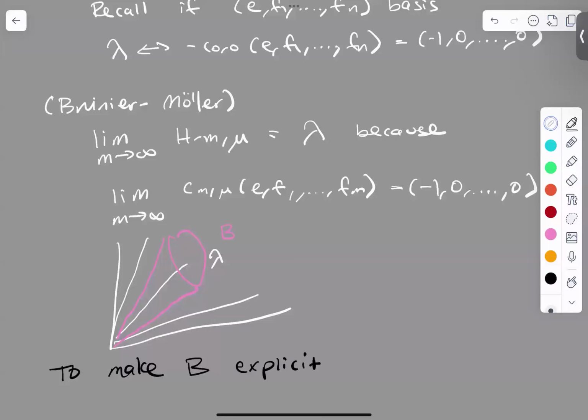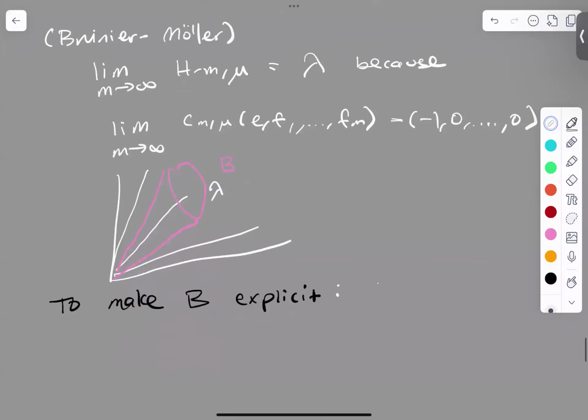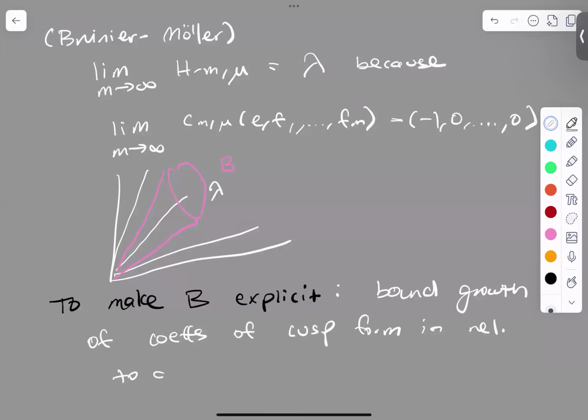And to do this amounts to, we just need to bound the growth of the coefficients of cusp forms in relation to the growth of coefficients of this Eisenstein series E.